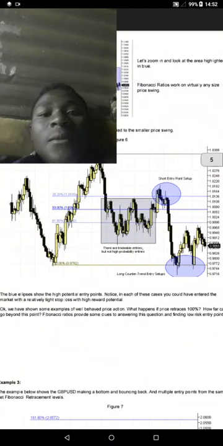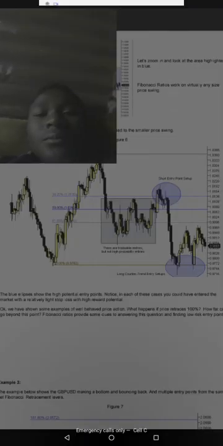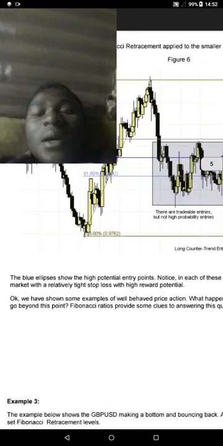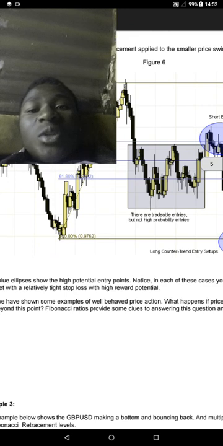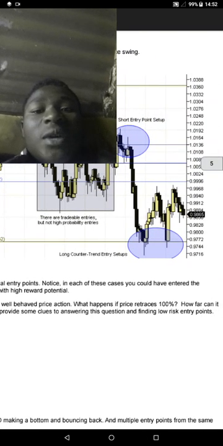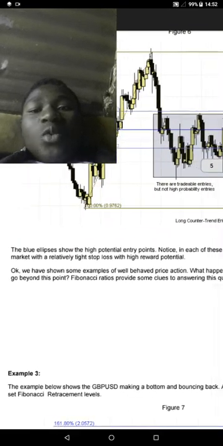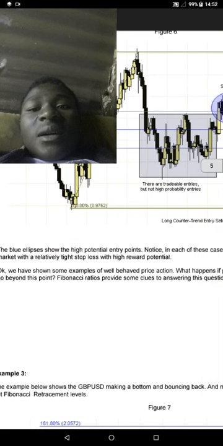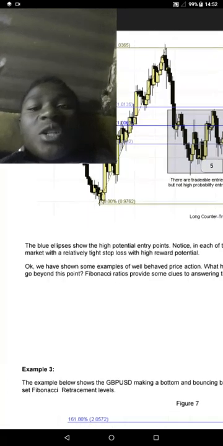Then the blue ellipse shows the higher potential entry point. Notice in each of these cases you could have entered the market with a relatively tight stop loss with a high reward potential.